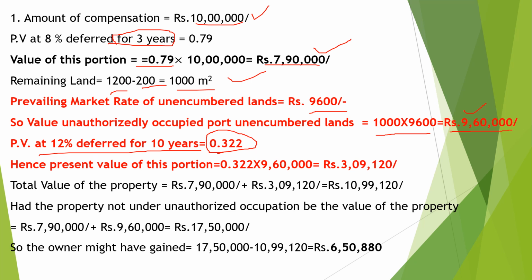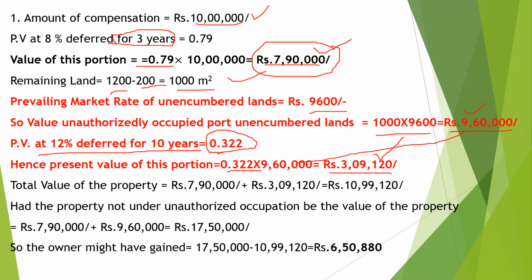So the present value of the land, which is 9,60,000, multiplied with 0.3222, which is the present value factor, comes out to be 3,09,120. So this is the deferred value for the remaining portion of the land, and this is the deferred value of the compensation which he will be getting.